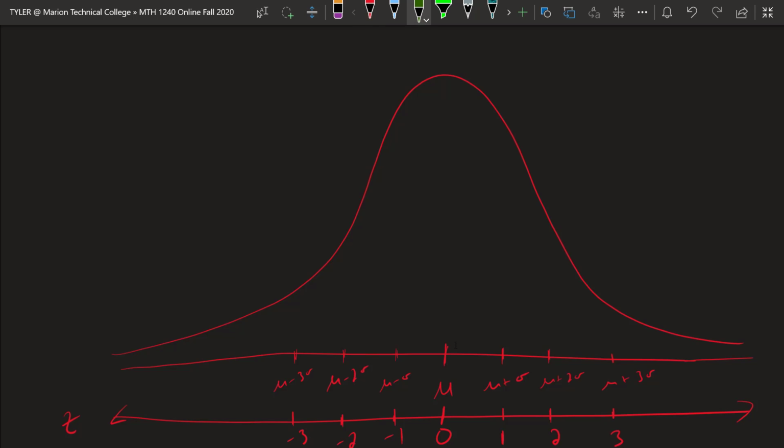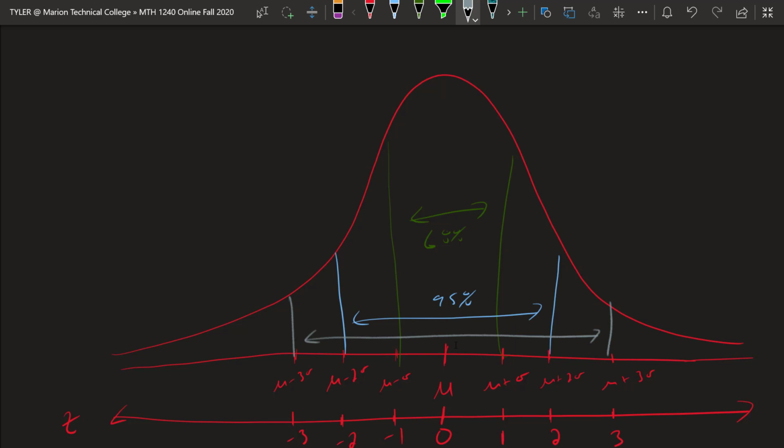So what this empirical rule says is that if you're within 1 standard deviation, we would expect 68% of the data to be there. If you're within 2 standard deviations, this value is 95%. And lastly, if you're within 3 standard deviations, the percent of the data would be approximately 99.7%.